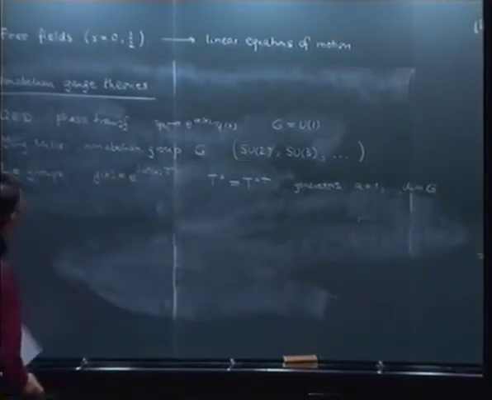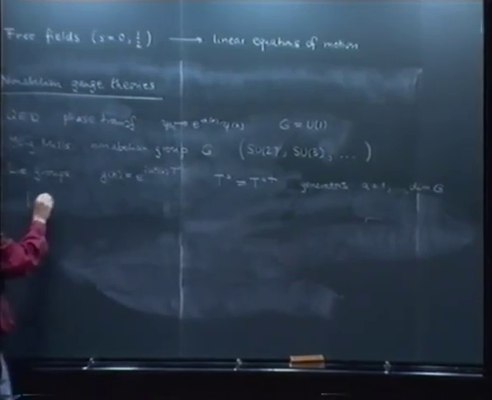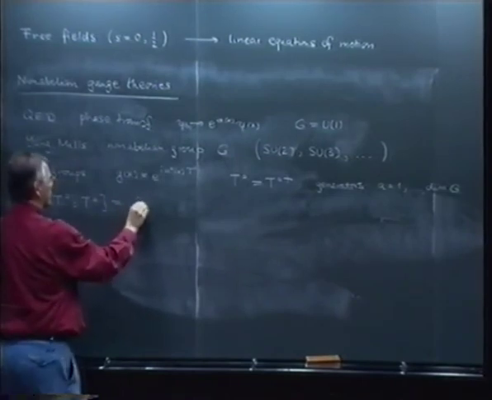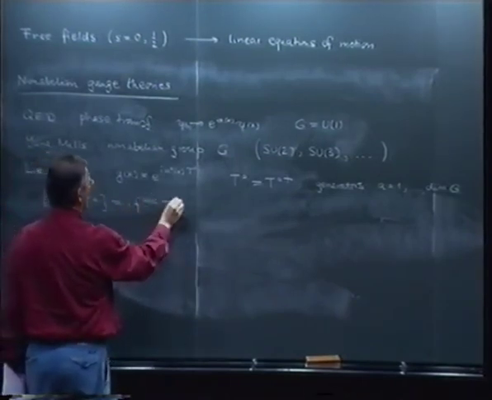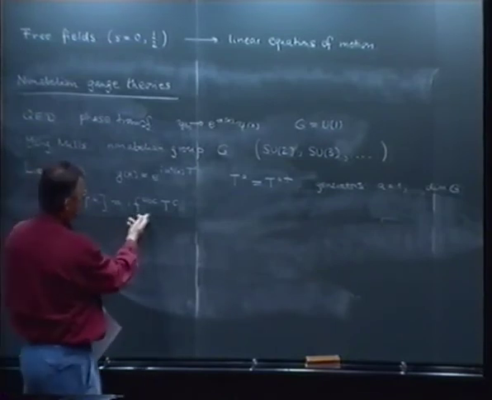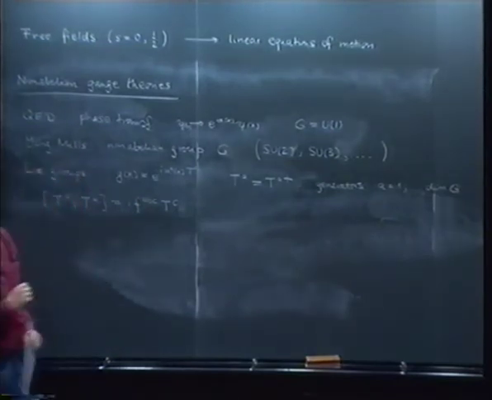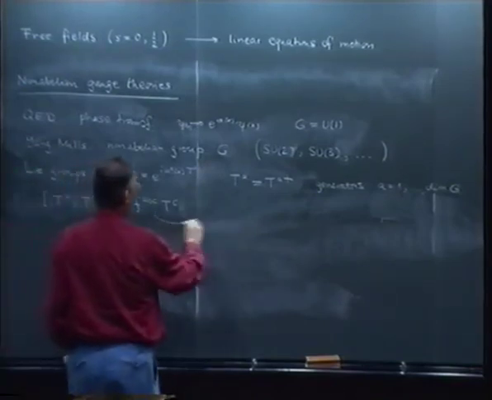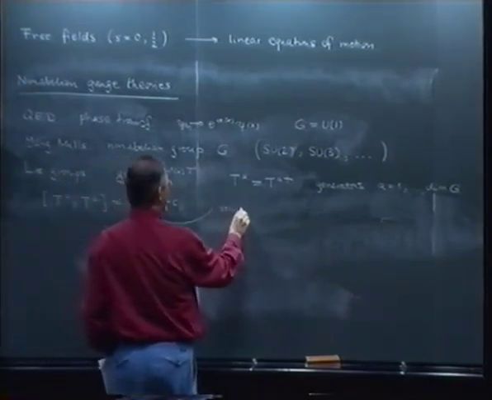And for these, you have certain commutation relations, call them [T^a, T^b] = f^{abc} T^c. So this is analogous to the angular momentum commutation relations. In the case of SU(2), here you just have the epsilon symbol, and it's really the rotation group. And these things are called structure constants.